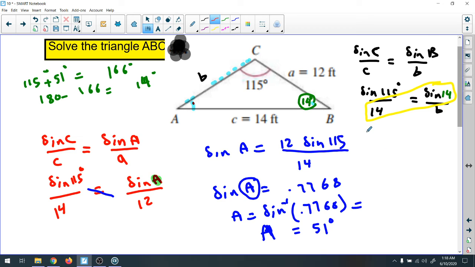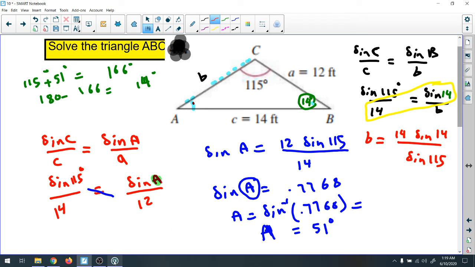So b equals 14 sine 14 divided by sine 115.